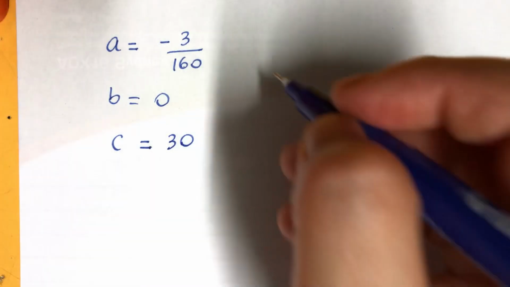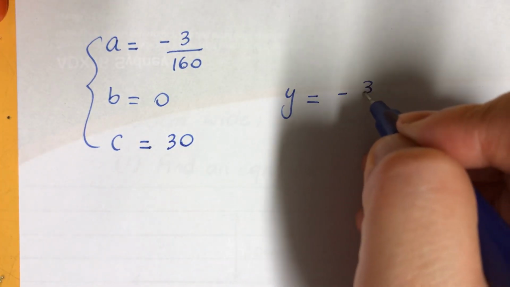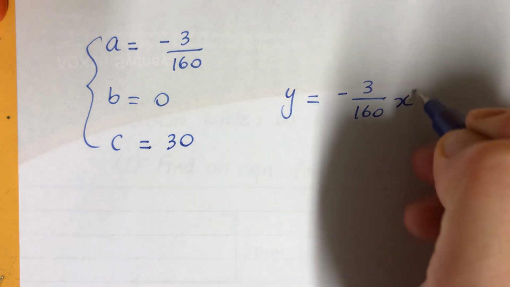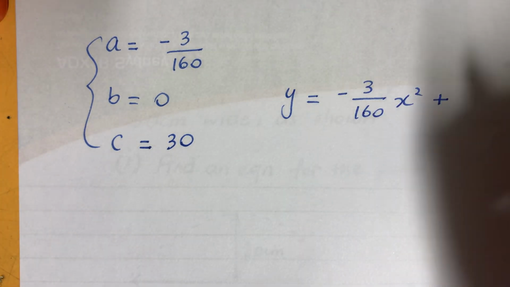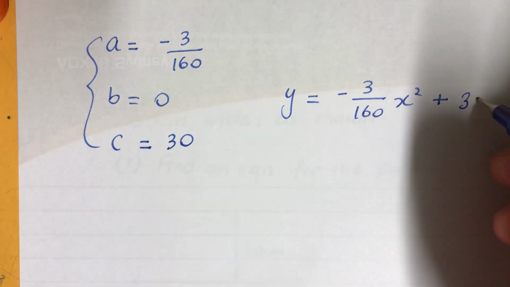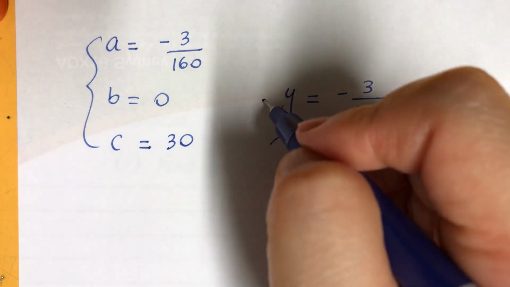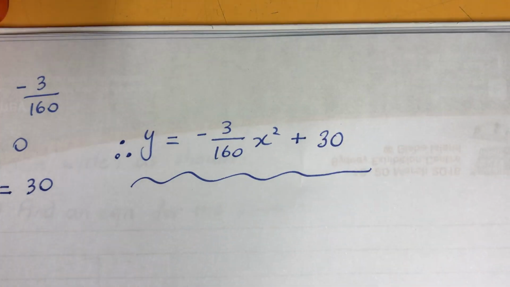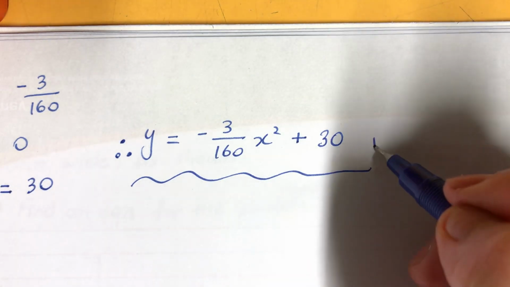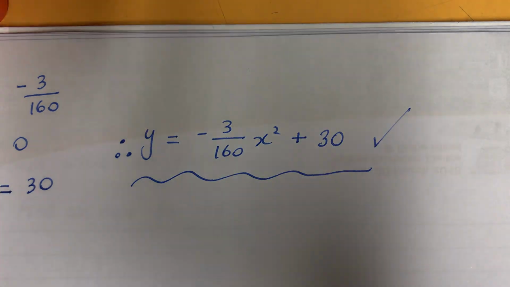And now my equation is that y equals minus 3 over 160 x squared plus, I don't have a b because b is 0, and 30. So that will be my equation for the parabola. Okay, so part 2 is coming up.